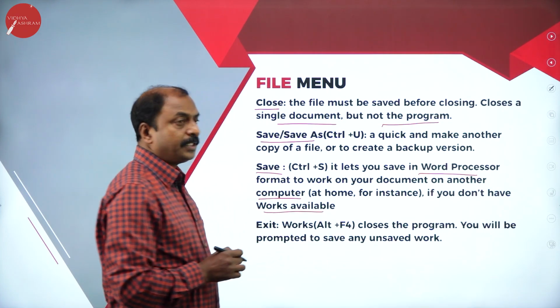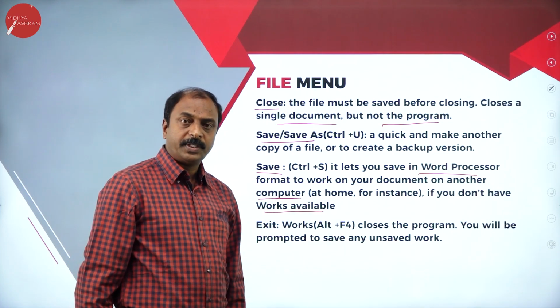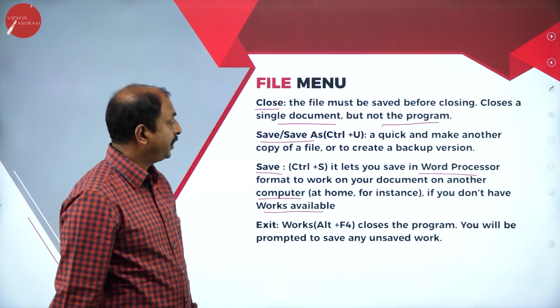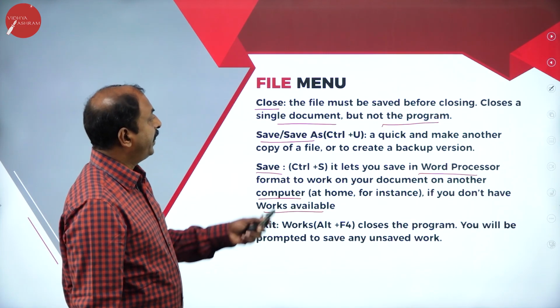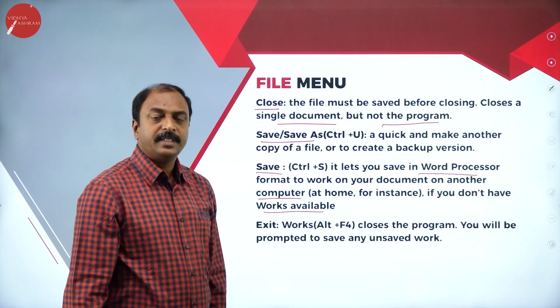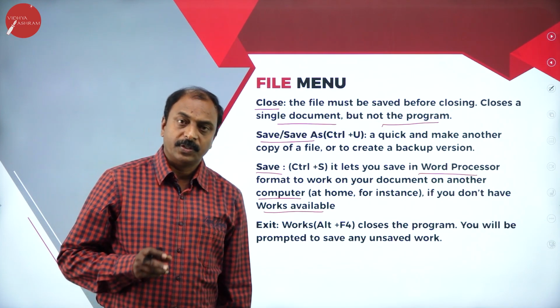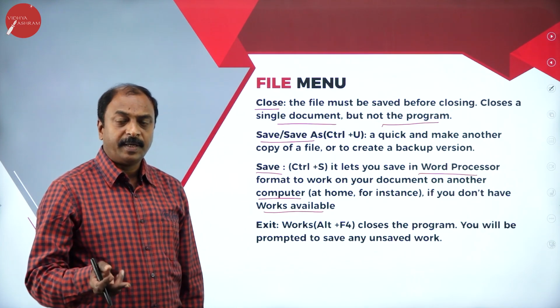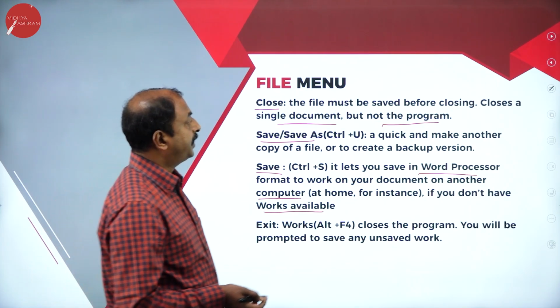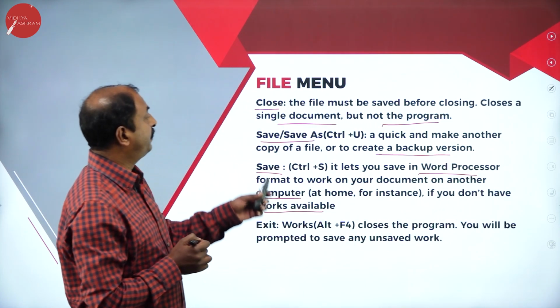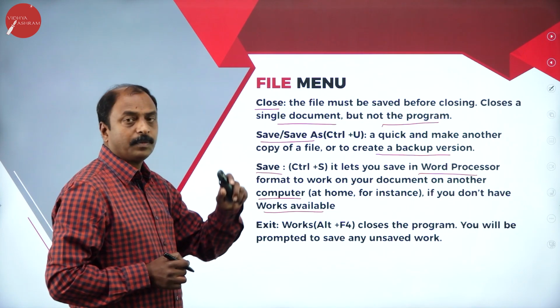The save option gives us an option to select a different location in the computer to save our file. And what is the save as option? The save as option allows the user to save a particular file under another name, or in other words, it creates a copy of the file. That is the difference between save and save as.